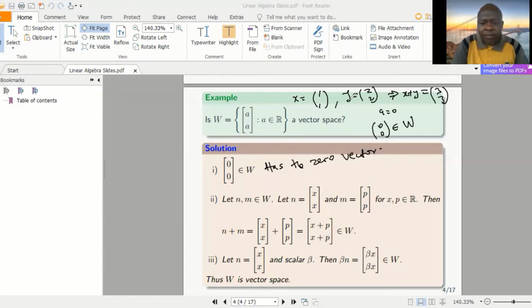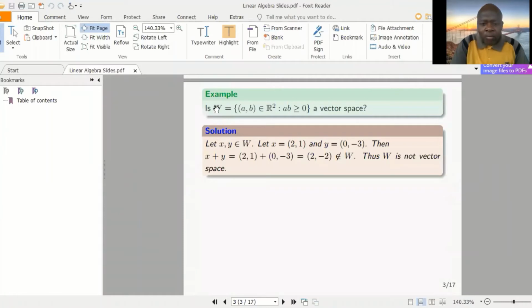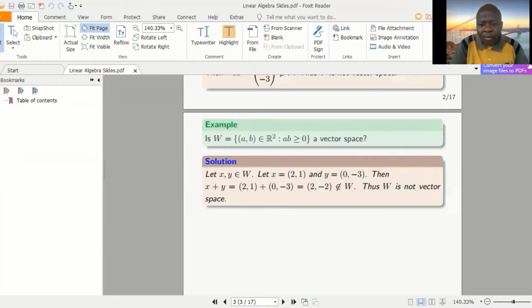In the earlier example, I discovered it would not be a vector space, and therefore I came up with specific examples, chose a vector, and then chose another vector, added them, and found something that was not in W. So when you discover that it will not be a vector space, you choose specific examples to show that one of the 3 properties we're looking for will not be satisfied. Look at the example above.